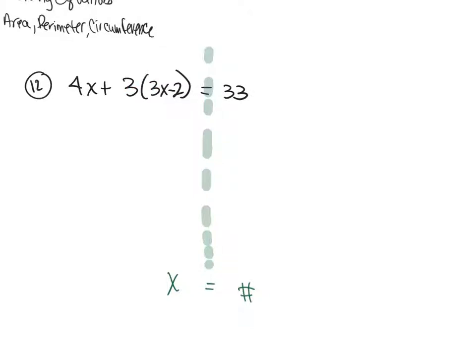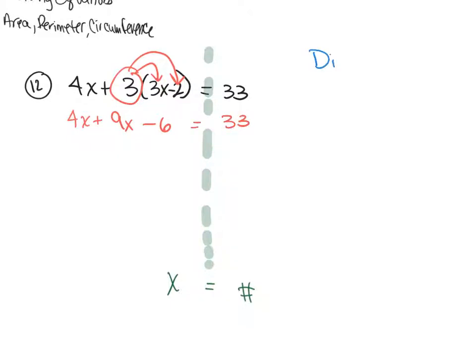So you need to rewrite that 4x because it didn't go anywhere. Plus 3 times 3x is 9x, and 3 times negative 2 is negative 6. Please remember that you have to multiply the 3 to everybody inside of that parentheses, not just to the first one. Then you rewrite the 33 equals 33.